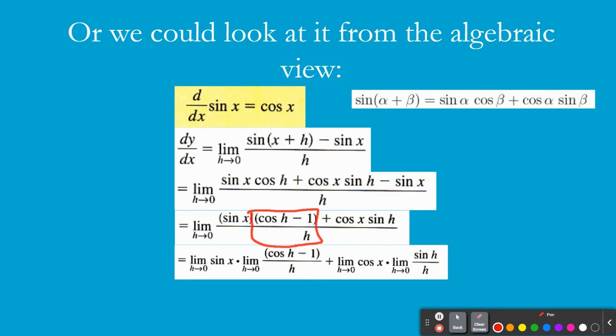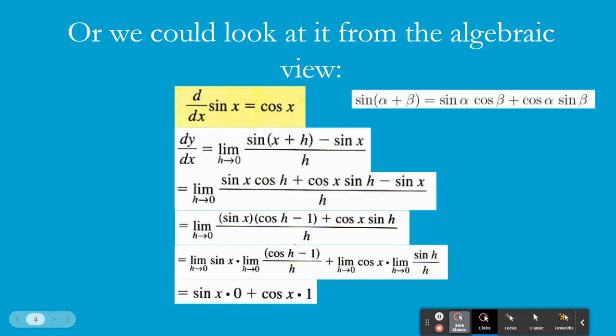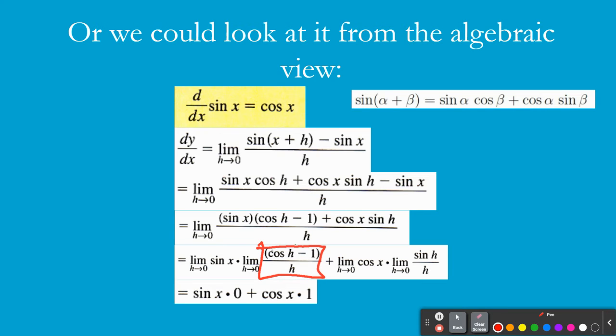And then plus the limit as h approaches 0 of that part in there. Now I substitute in h equals 0, and all that happens is I clean things up, and I have sine of x times 0, because, again, this is one of those identities that you were asked to memorize way back in chapter 2 or something.